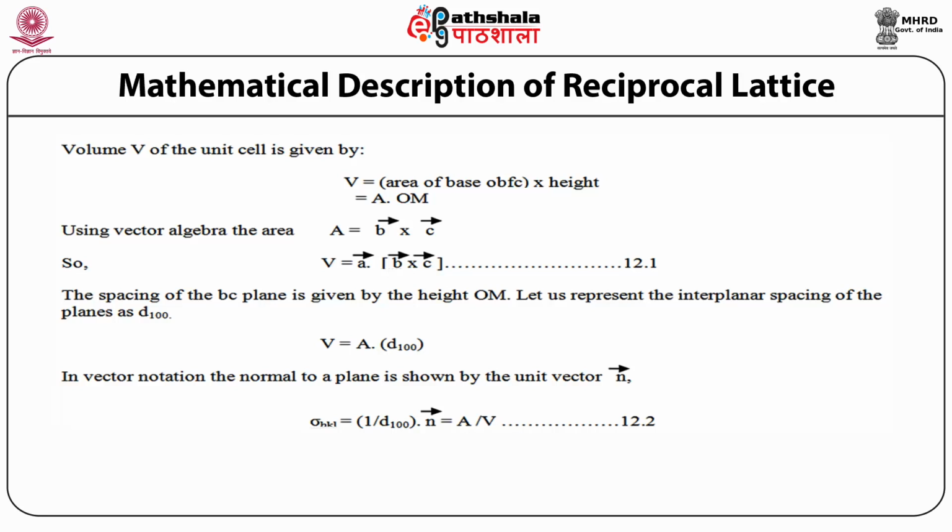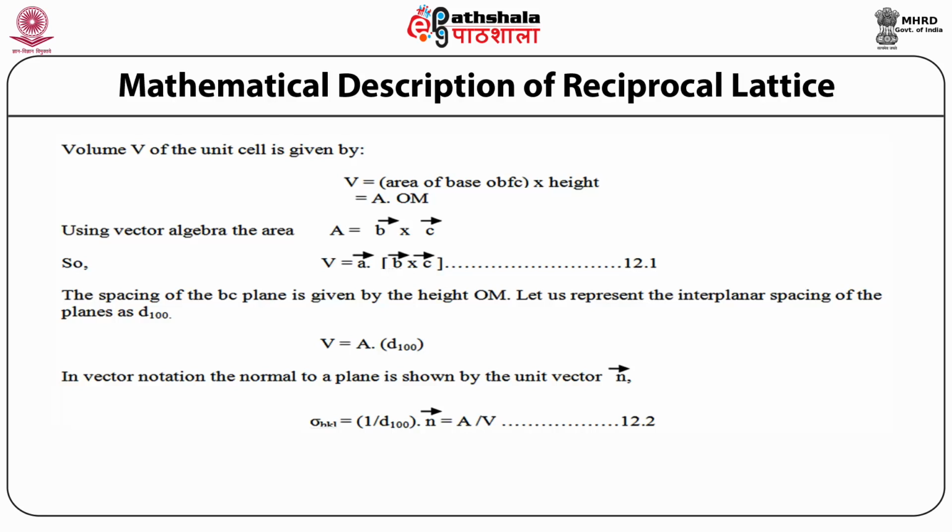Using vector algebra, the area A is equal to b vector cross c vector. So V is equal to a vector dot b cross c, which is equation 12.1.